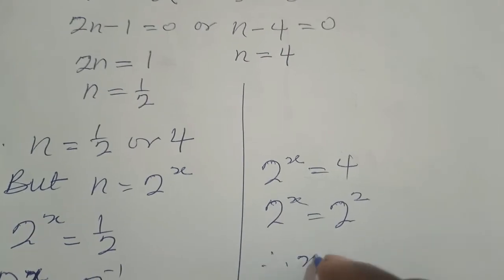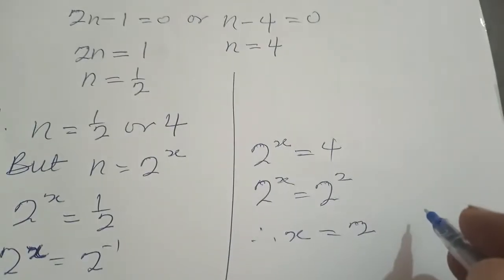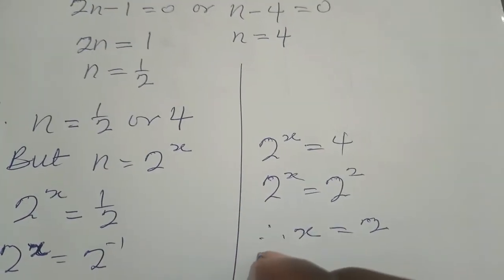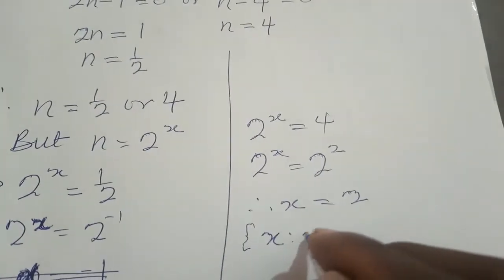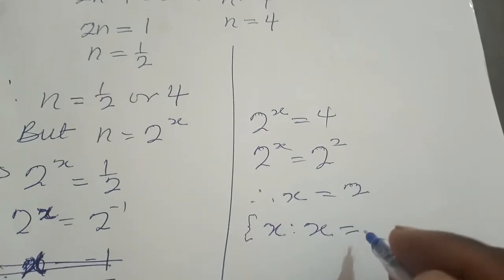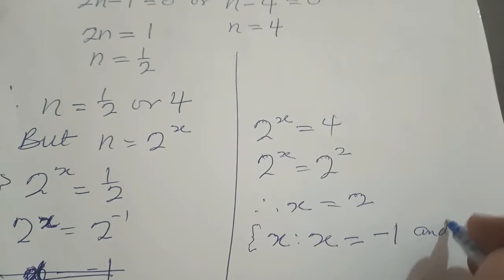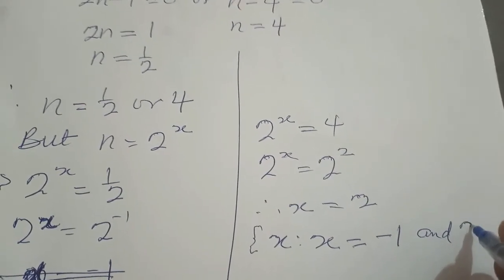Therefore, x equal to 2. Since the bases are the same, we'll conclude our two sets that x is such that x equals -1 and 2.